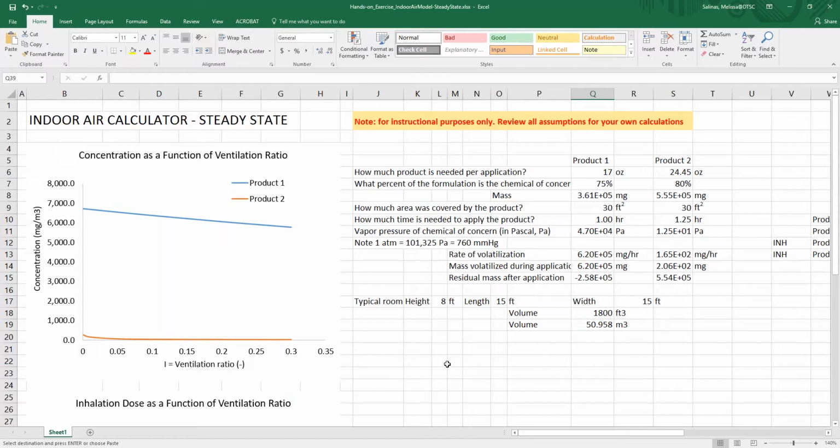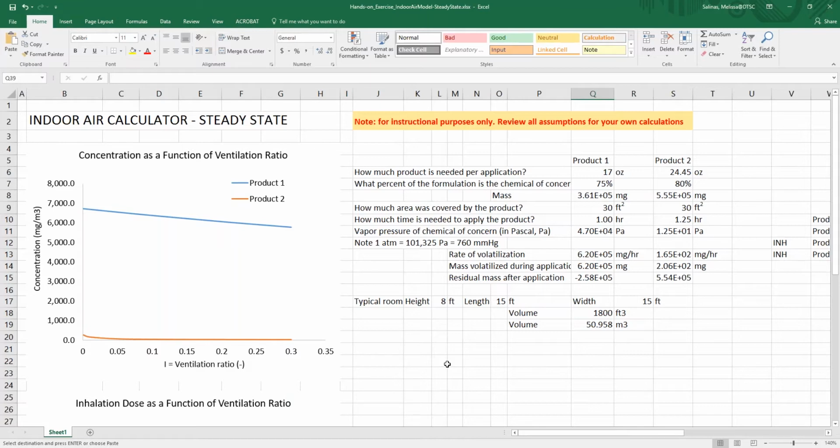So the numbers right now shown here may not directly reflect that, but it'd be easy to adapt them to the values that you may have. Again, we don't know exactly the percent of the formulation that is the chemical of concern, but again, just some values to get us started. And then it converts it into milligrams.